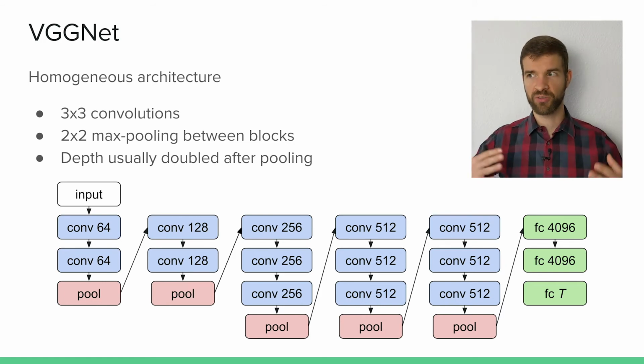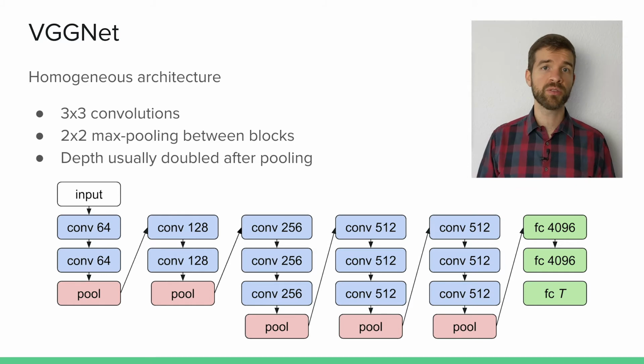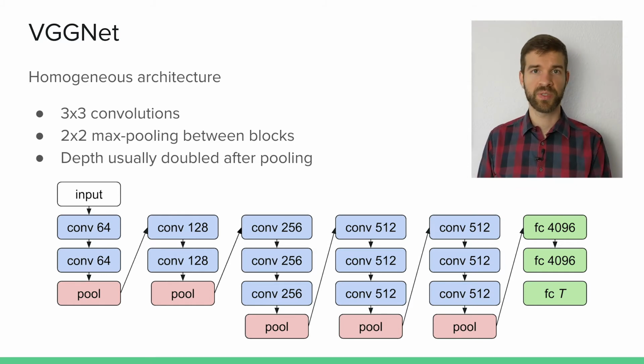The general idea is that we take our input image, we make it smaller in the step between blocks, but we add more information by adding more feature maps to the convolutions. The first block has 2 convolutional layers and a pooling with 64 feature maps, then 128.